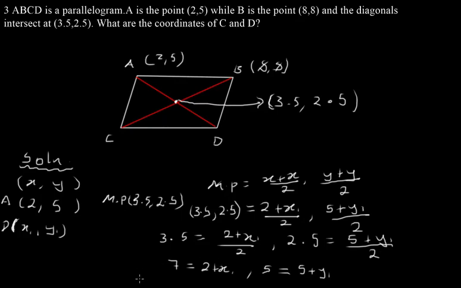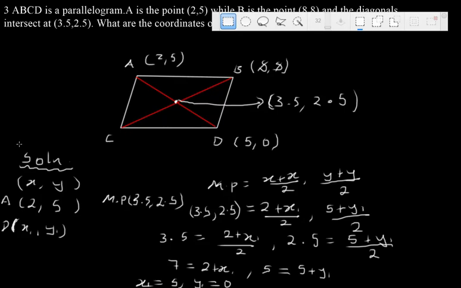We will therefore have x1 equals 7 minus 2, which gives us 5, comma, y1 equals 5 minus 5, which gives us 0. So therefore, the coordinates of D are 5, 0. And from there you can find the coordinates of C as well using the exact same procedure. So let's just work that out real quick.